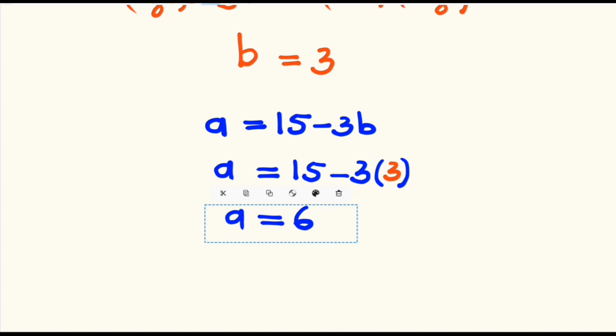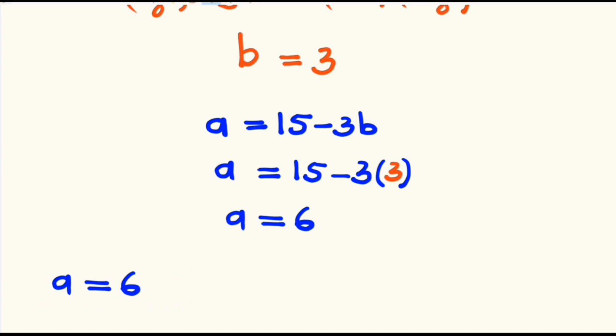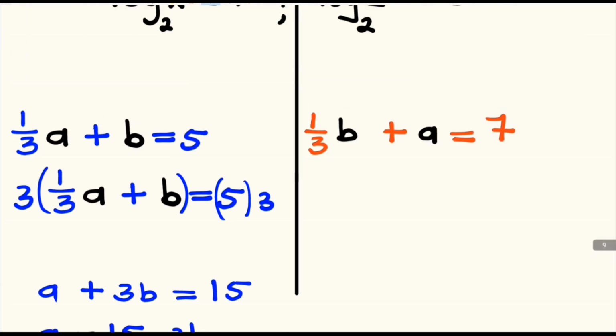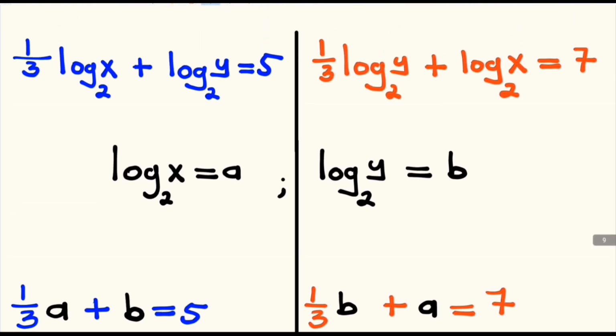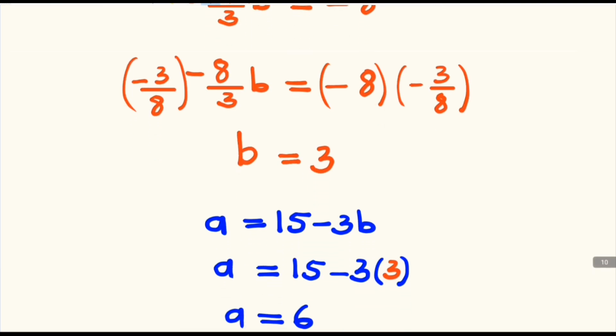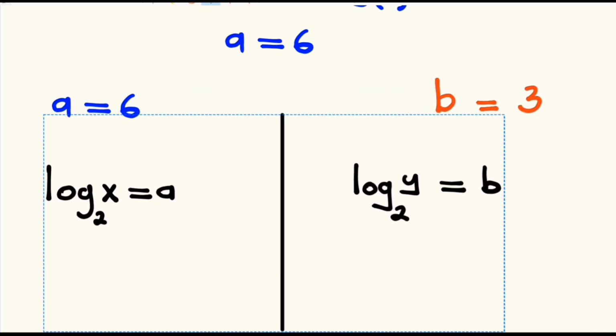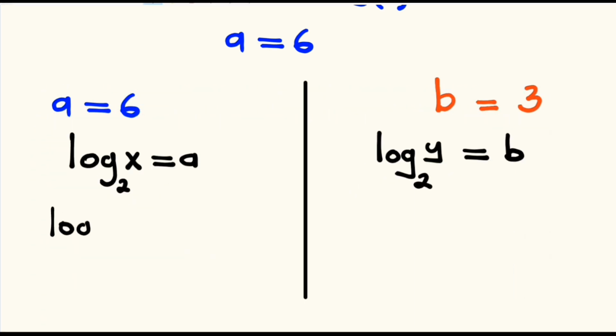Remember, we let our logarithmic expressions be equal to a and b. So let's recall our equations. So we copy and paste our equations. In the place of the a, we are going to substitute the 6.